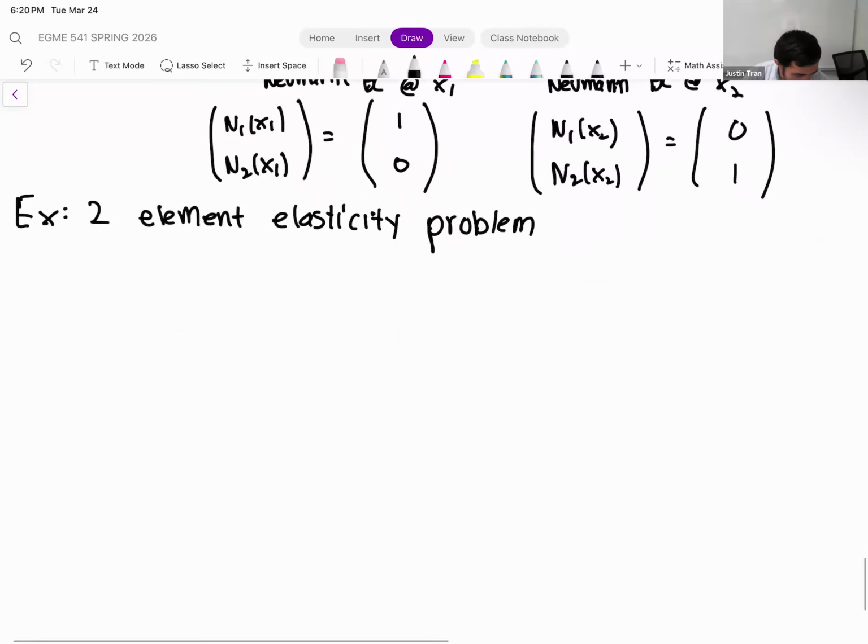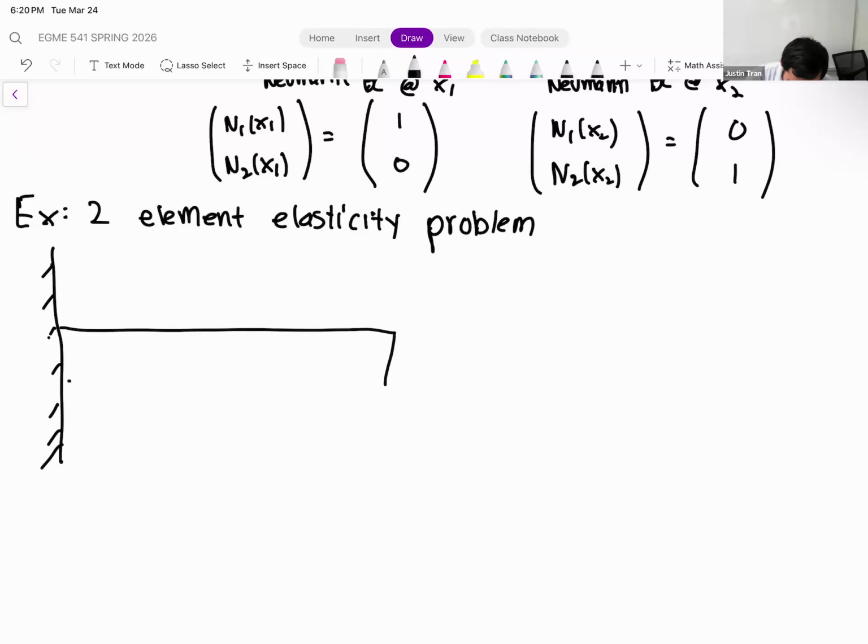Let's draw our boundary value problem first, and then we'll show how we're going to break it up into elements. We're going to look at a very simple truss bar here, just like that.